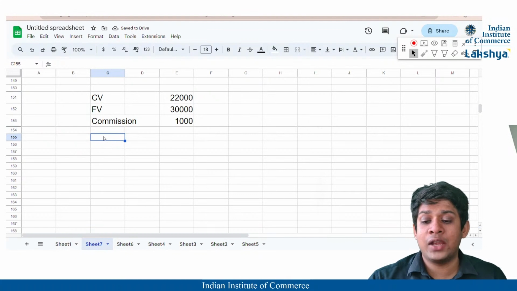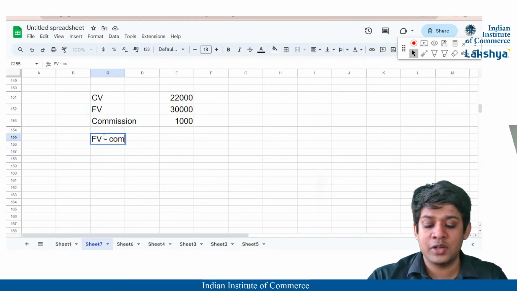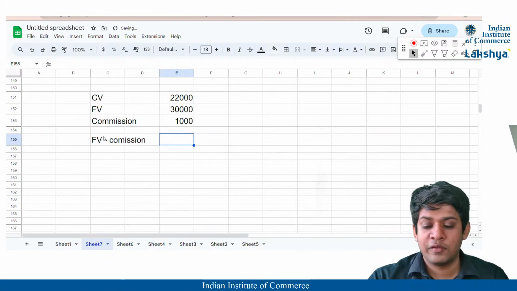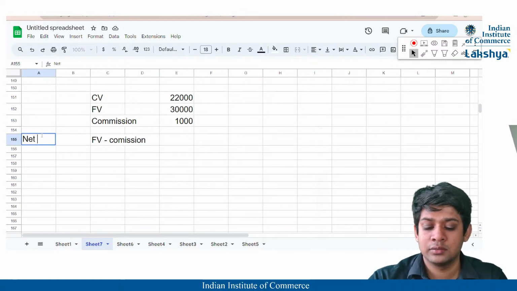So technically, what is the value that I got? I got the fair value minus the commission that I paid. Fair value minus cost of sales is nothing but net disposal proceeds.